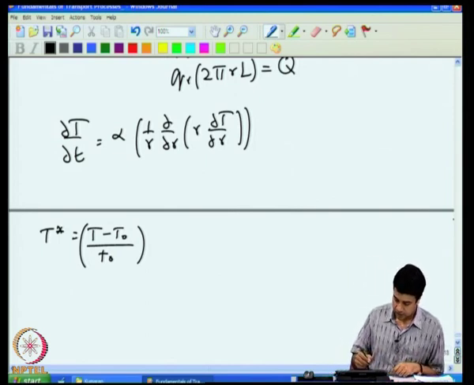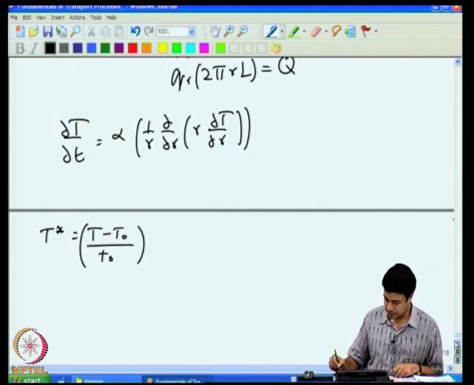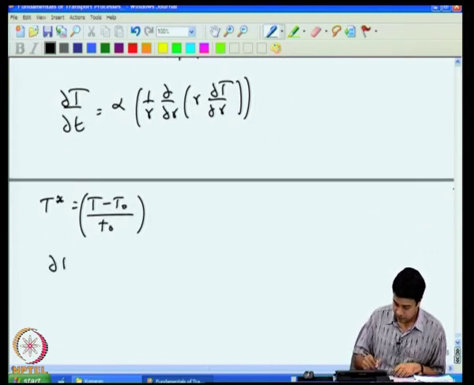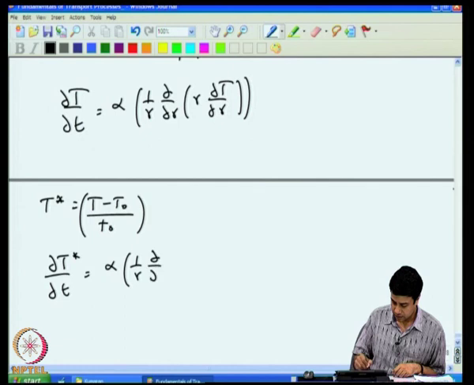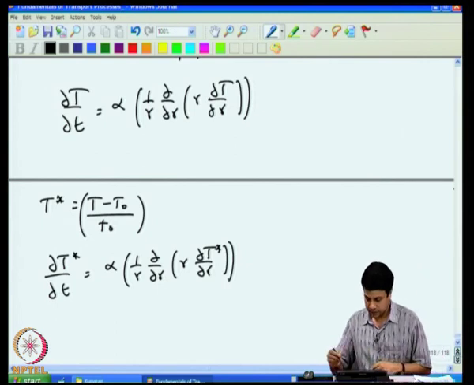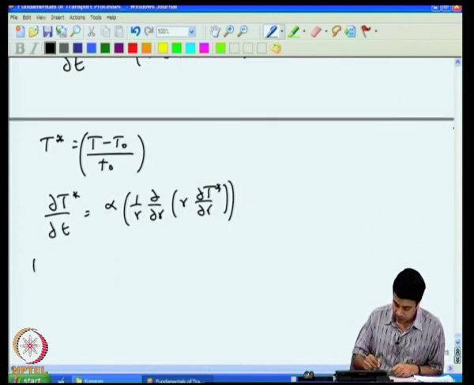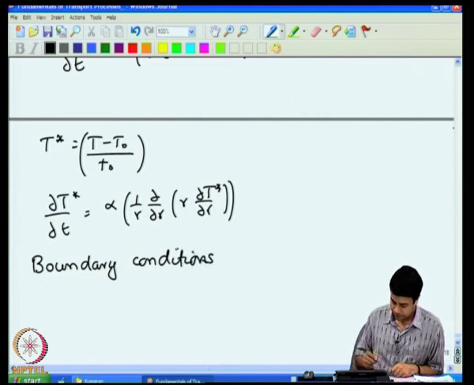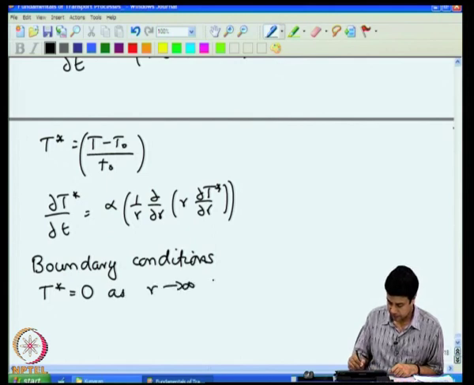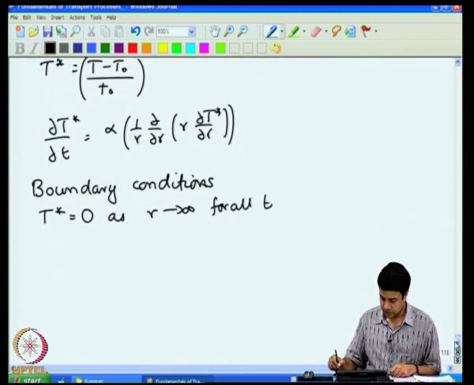So, the differential equation in terms of this scaled coordinate becomes dT star by dt is equal to alpha 1 by r d by dr of r dT star by dr. With boundary conditions, T star is equal to 0 as r goes to infinity, for all time. So, that is one boundary condition.